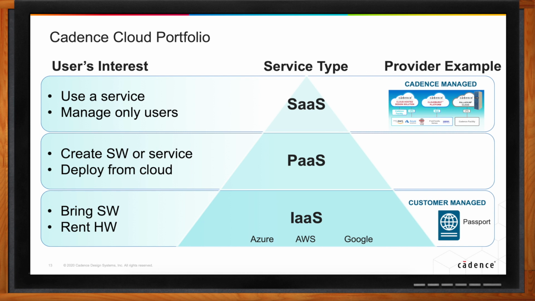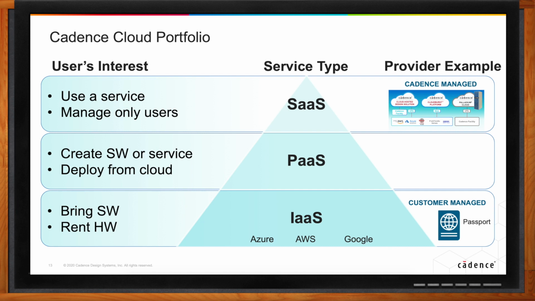A customer who's really interested in infrastructure as a service will typically want to do customer managed using the Passport model. Remember, in this model, Cadence is supplying software. The customer is then going to the cloud and configuring and developing that cloud on their own.